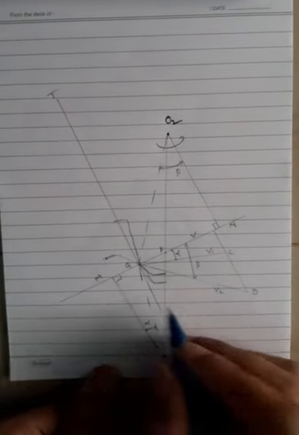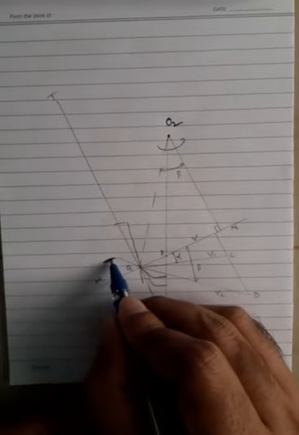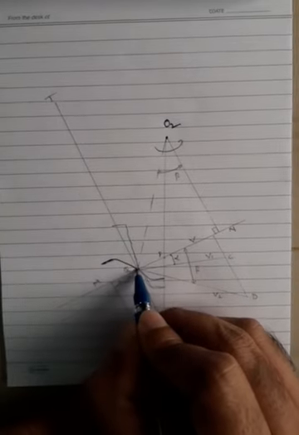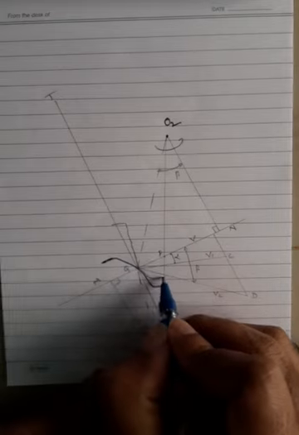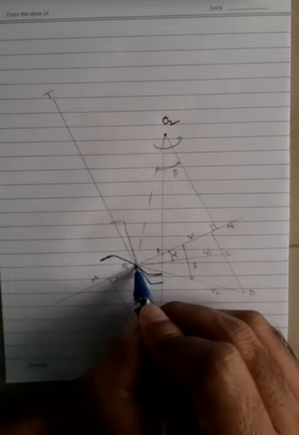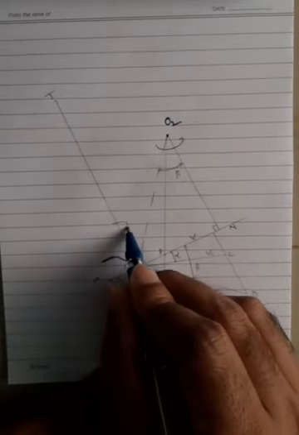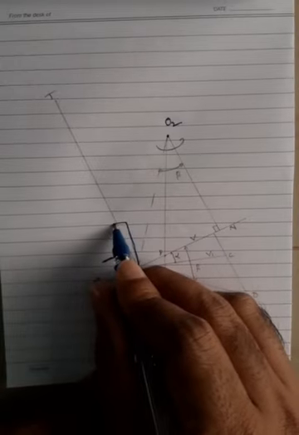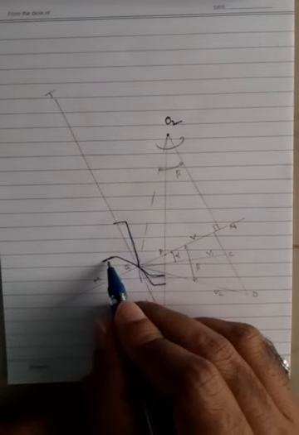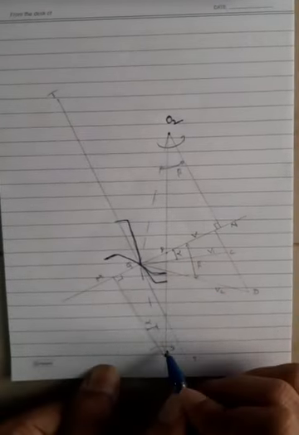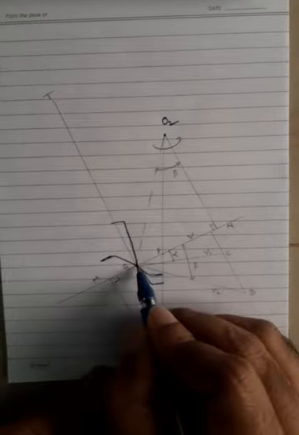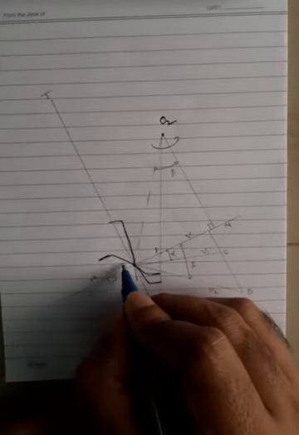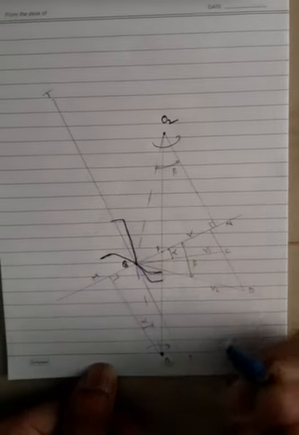Let us consider these two gears in contact with each other. Here I am taking the gear tooth of the pinion and the gear tooth of the gear. They are in contact with each other at this point. Let us take this point as point Q.